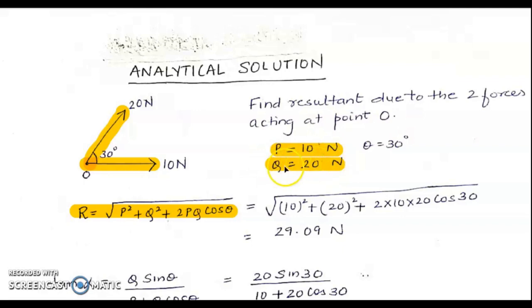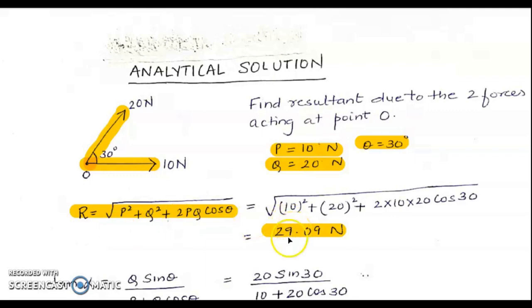Q is the second force, that is 20 Newton, and theta is the angle between the two forces, which is 30 degrees. So let us substitute the values of P, Q and theta in the formula. If we do that, we get the resultant as 29.09 Newton. So we have found the resultant in magnitude.